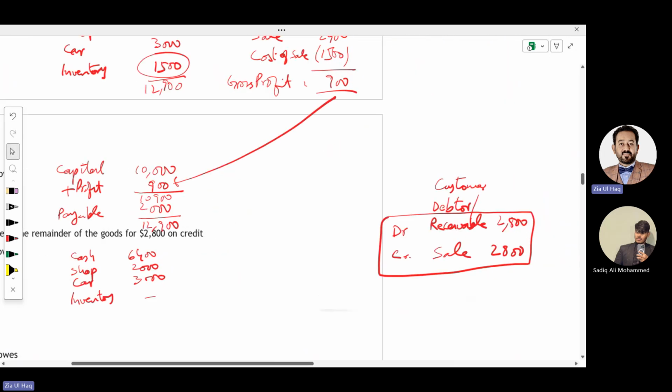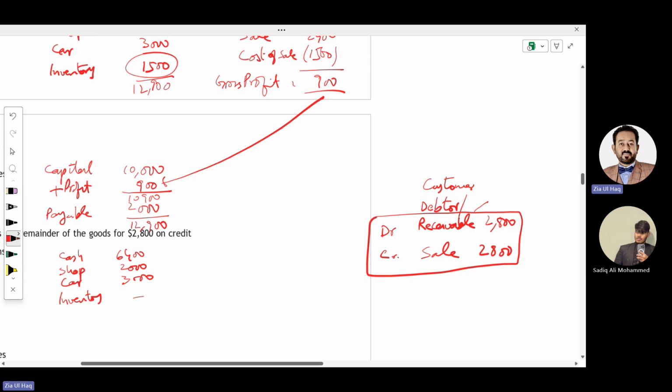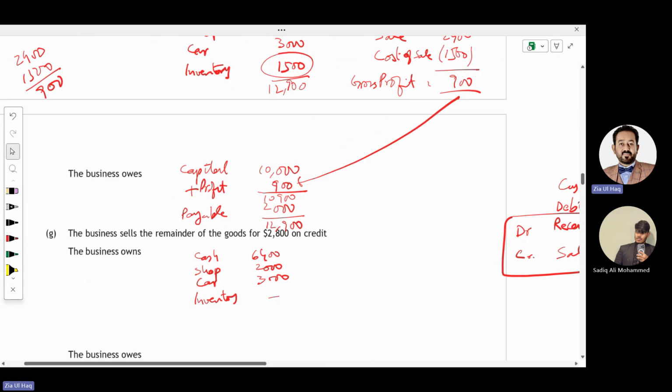If we are selling on credit to customers, we call it receivable. We will record it as an asset. Receivable, how much? 2,800.